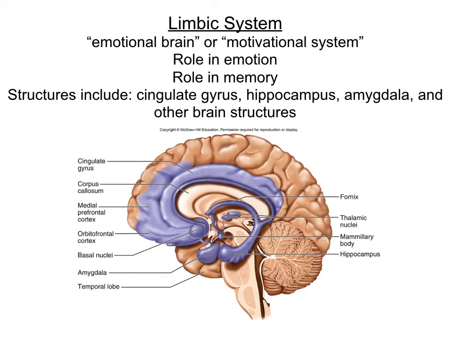Now, your limbic system, as this emotional brain and as this motivational system, does have some important roles. With regards to its role in emotion, it does have two different types of centers. One center is called a gratification center. Gratification centers create a sense of pleasure or reward.